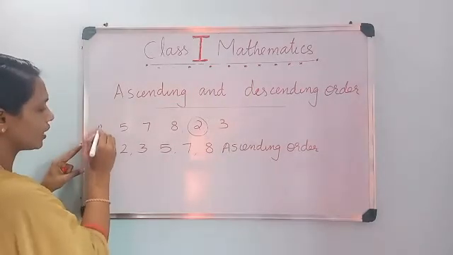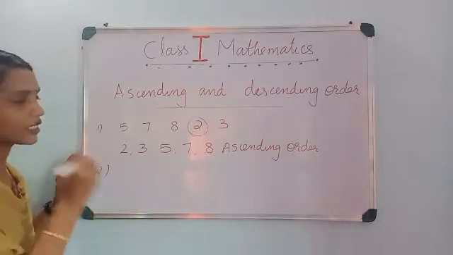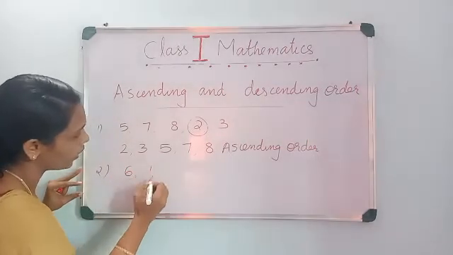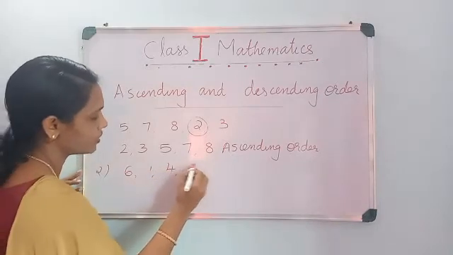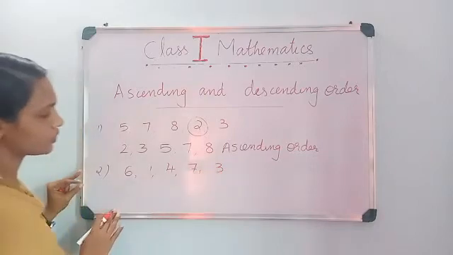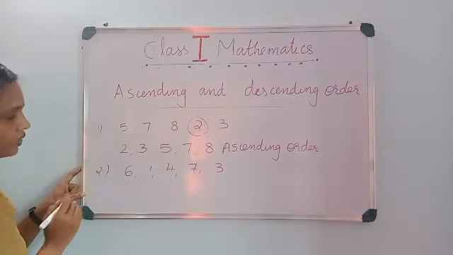Next we can check another example, that is descending order. We can arrange the numbers in descending order. We can take some numbers: 6, 1, 4, 7 and 3. We want to arrange the numbers in descending order.